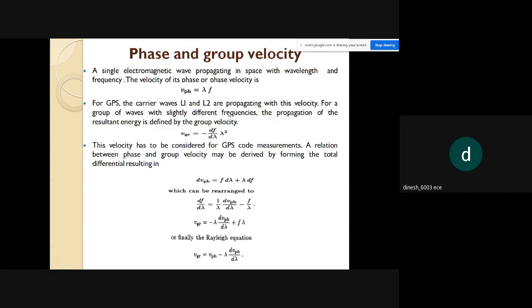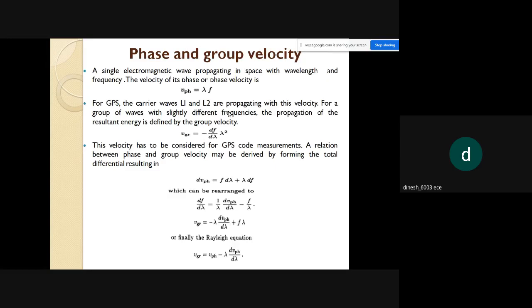This velocity is always considered for GPS code measurements. When you go for measurement in GPS, the group velocity plays a major role. So a relation between the phase velocity and group velocity is necessary to determine these code measurements, which is given by dVPH, the differentiated phase velocity, as f × d lambda plus lambda × df.